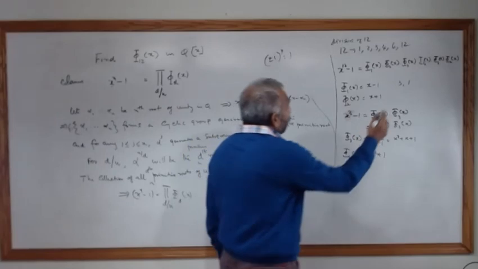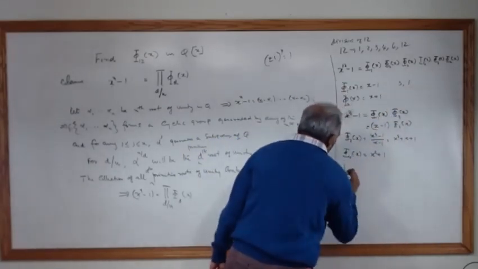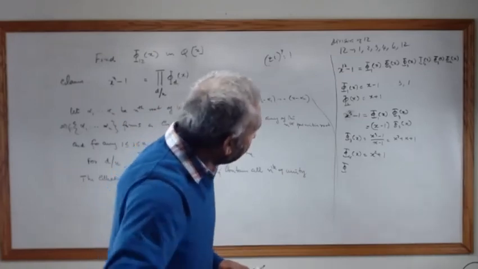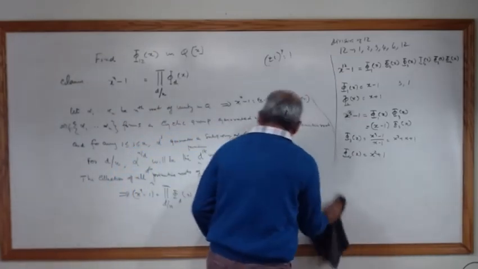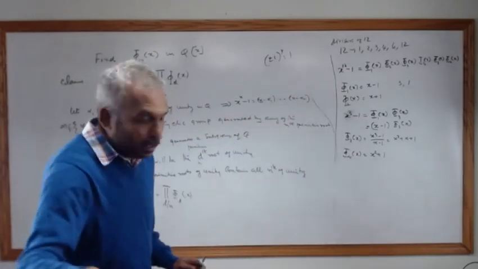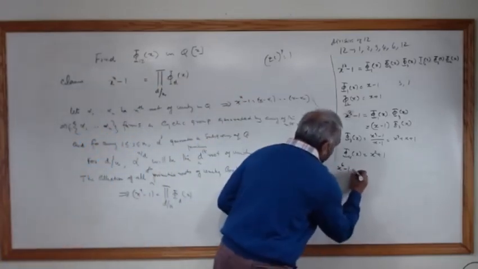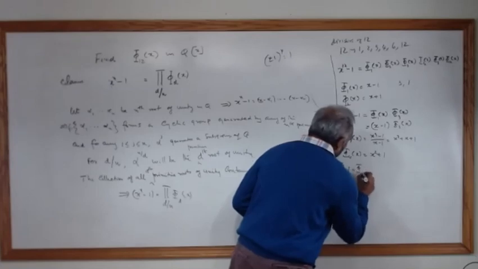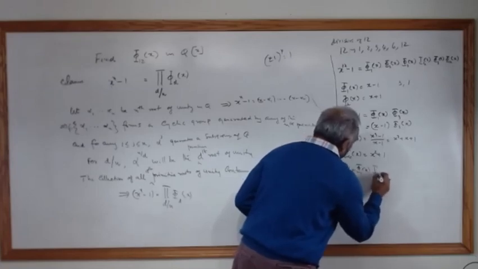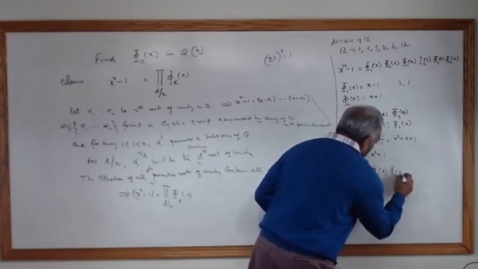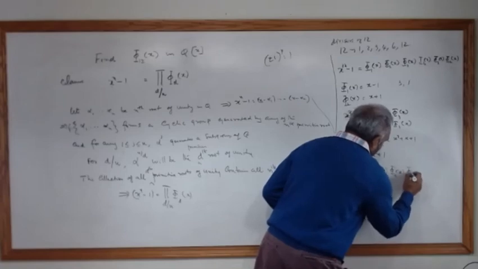Now we need to find out phi of 6. To find phi of 6, we will use the result again. That is x to the power of 6 minus 1 is equal to phi 1 of x, phi 2 of x, phi 3 of x, phi 6 of x.